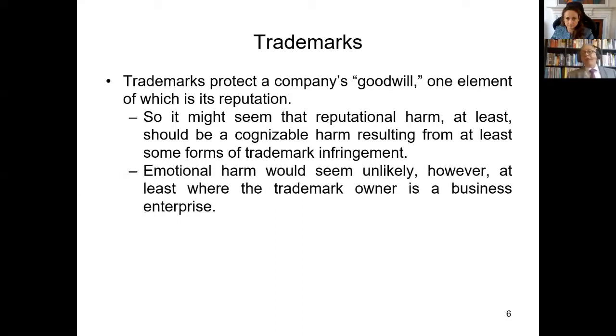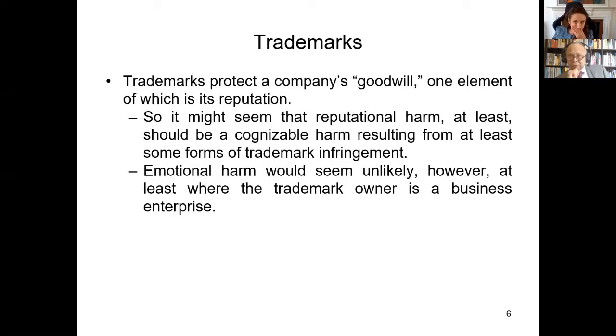As for emotional harm, however, that seems to be a little bit less likely, at least in most trademark cases, in particular when trademarks are owned by non-human entities, which I think is probably empirically most of the time. Most trademarks are probably owned by corporations or partnerships, not by individual humans.